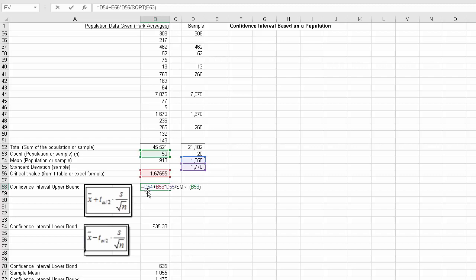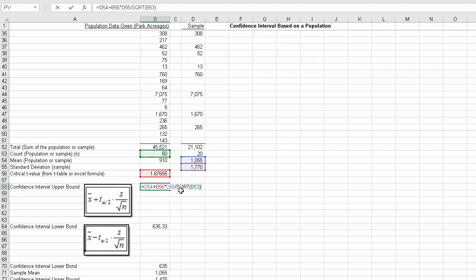I'm taking the value of D54, which is 1055, that's our sample mean. Then I'm adding to it B56, that's my t value, and I'm multiplying it, and I'm just working on the last term now, times S, and S is given by the standard deviation of our sample, 1770, divided by the square root of B53.